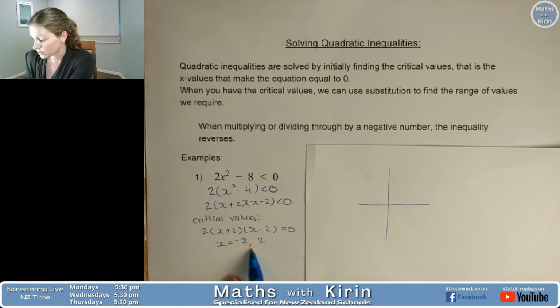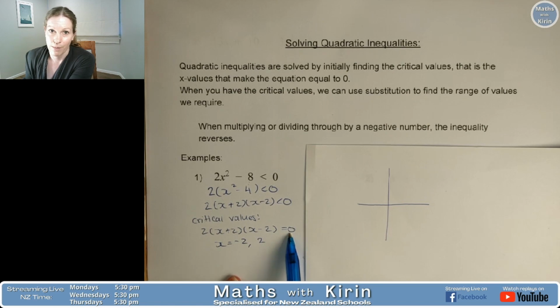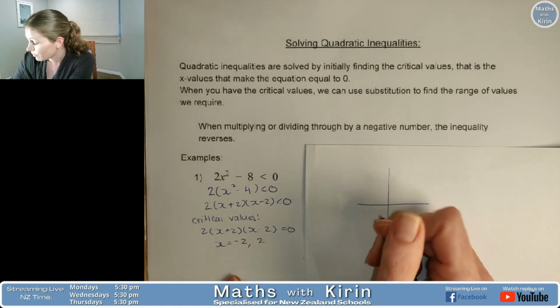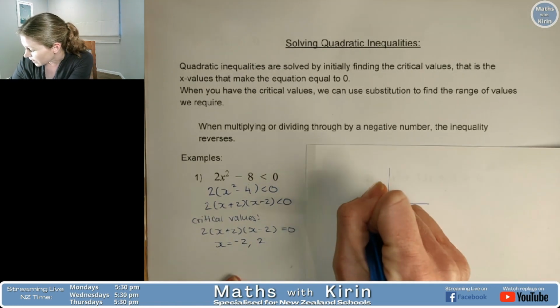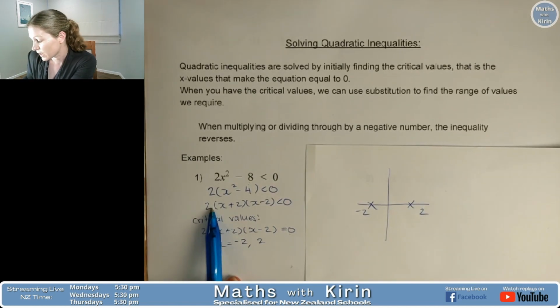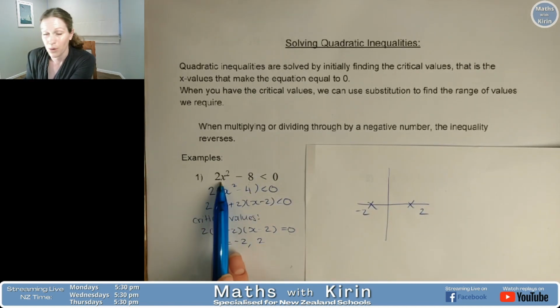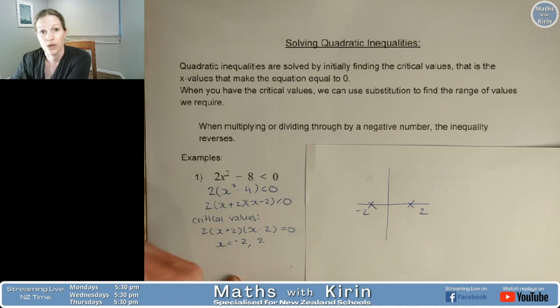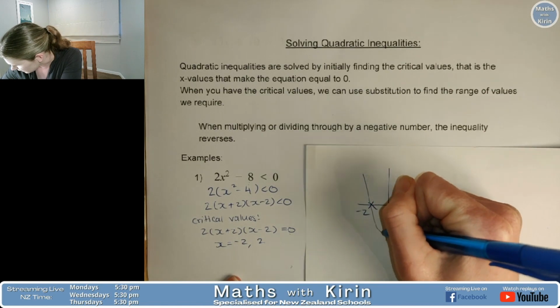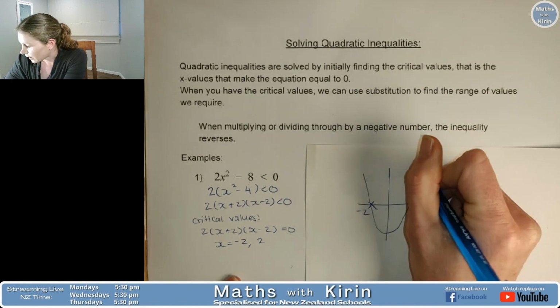These x values here, when we make our equation for a parabola equal to 0 and we solve for x, we're finding the x-intercepts. So these two values are telling me that our parabola is going to cut the x-axis at negative 2 and positive 2. And when we have this expanded out up here, we have a positive x squared, so we know that our parabola is going to be up like a cup. So it's going to come down, this is a rough sketch, like this.